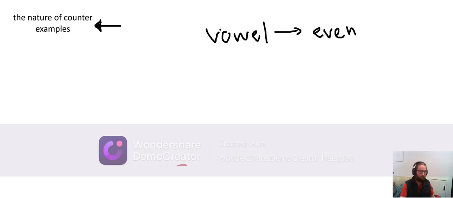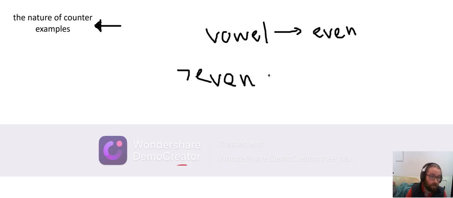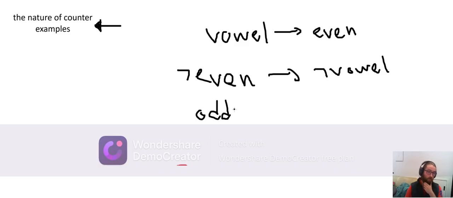So if a vowel implies an even and there's a vowel, then there must be an even. But the true way of flipping this claim around would be: if not even, then not vowel. Another way of writing this is if there's an odd number, the other side has to be a consonant.